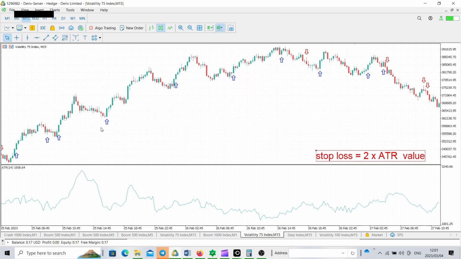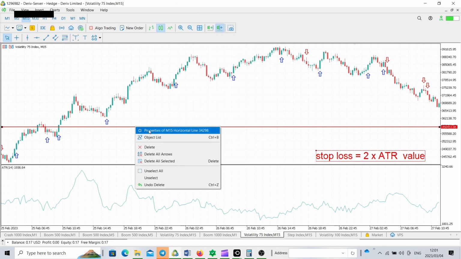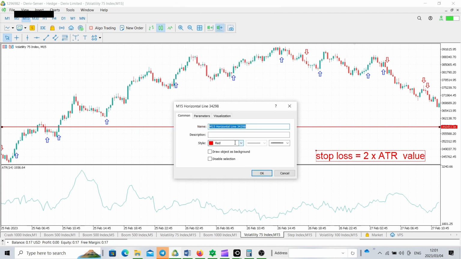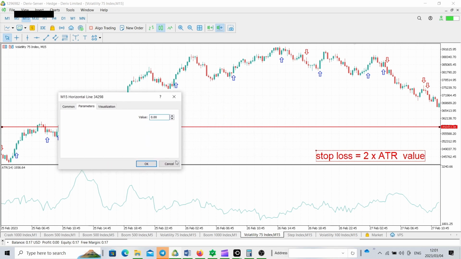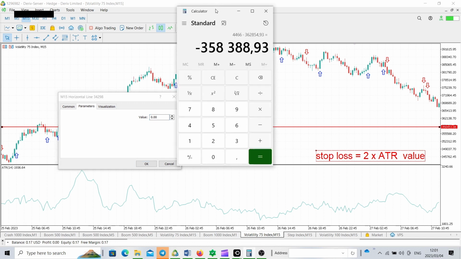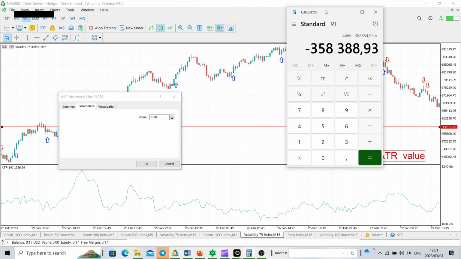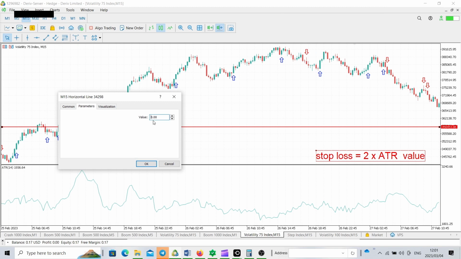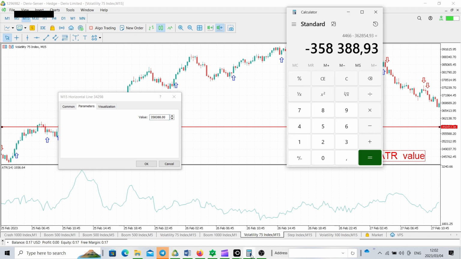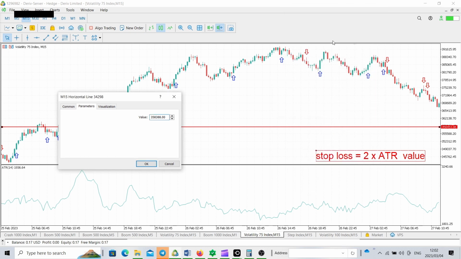We want that value. We're going to use our horizontal line so that we place that value on the horizontal line. So this is the value that we want, 3583.88.93.